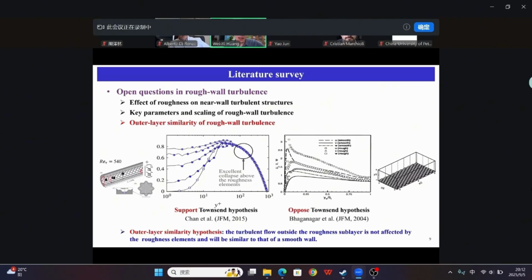So whether the outer layer similarity is still valid or not is a very controversial issue so far. We may also check this kind of problem by using our data.